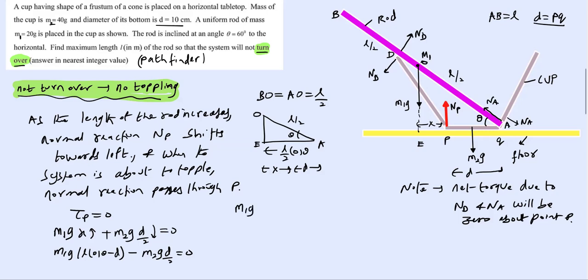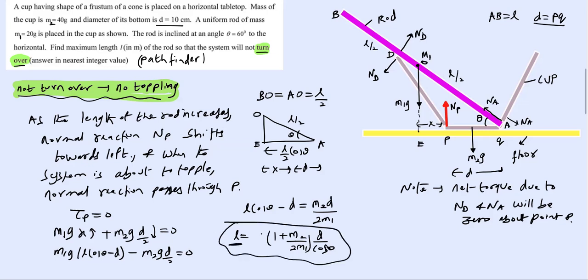So M1 G will get cancelled out, and M1 into L by 2 cos theta minus D equals M2 D by 2. Substituting all the values, we'll get the required length. This will be our answer. Now do the calculation.